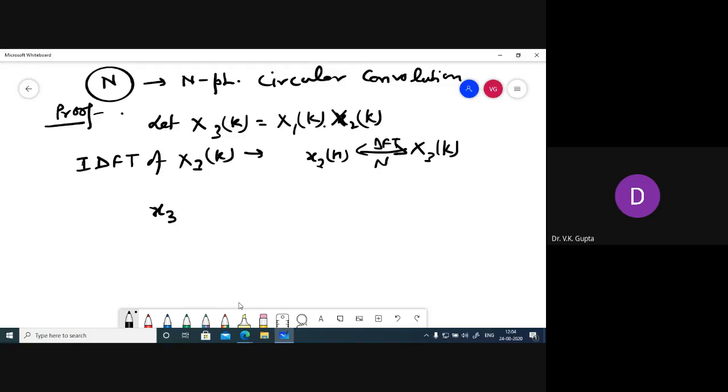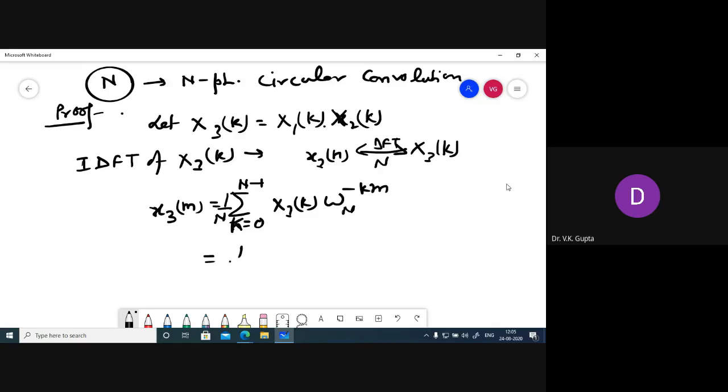Let us denote time by m. x3(m) is equal to 1 upon N, sigma k equal to 0 to N minus 1, X3(k) W_N to the power minus km. We have denoted time by m here, so it is minus km.